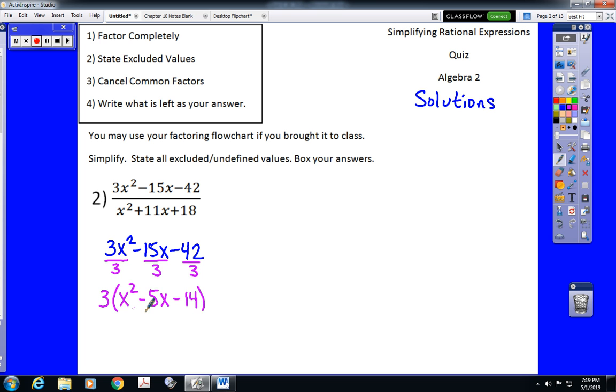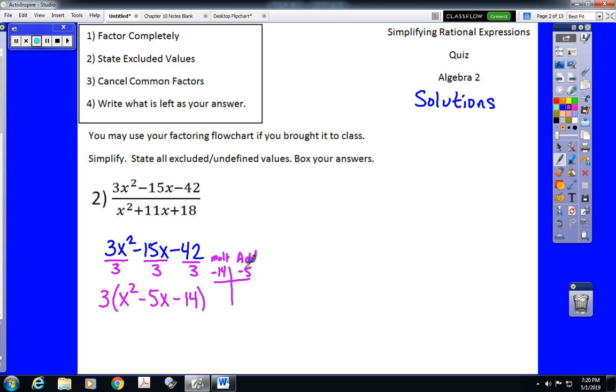Now, that is a factorable trinomial, much like we did in number 1. We are looking for a pair of numbers that multiplies to negative 14 and adds to negative 5. Since they multiply to negative 14, we know that their signs have to be different. One has to be positive and one has to be negative.